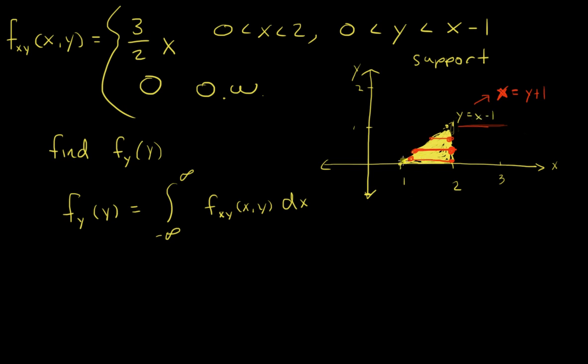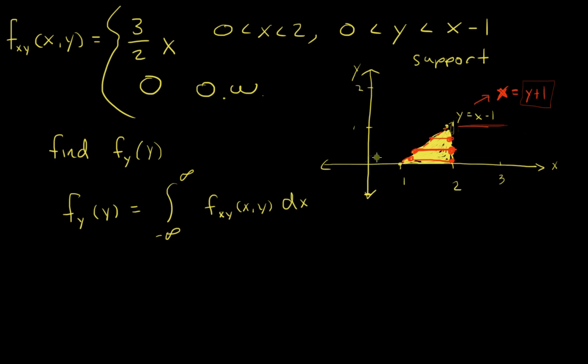The reason why this is important is because when I'm integrating over x, I'm going to want to figure out what values x takes. It looks like x is taking values y plus 1 all the way until we get to 2. So x isn't taking values all the way down to 0.